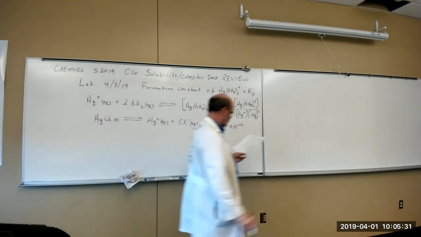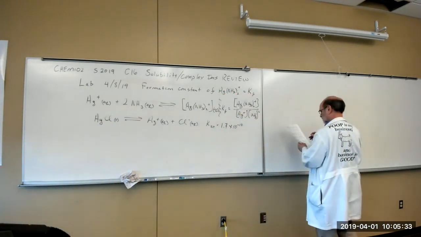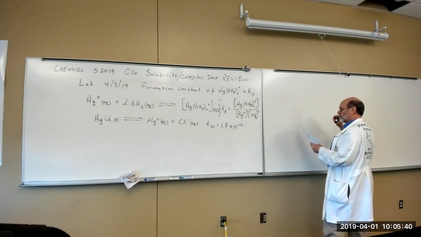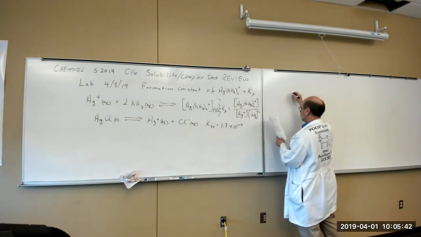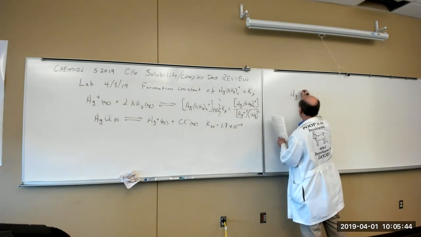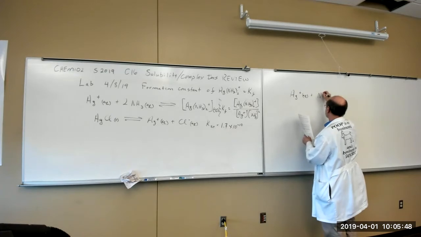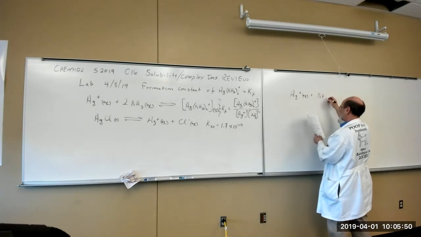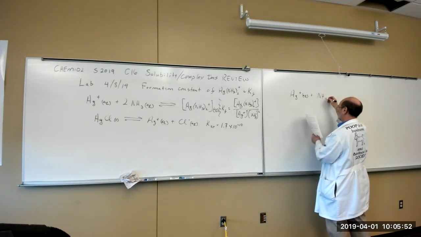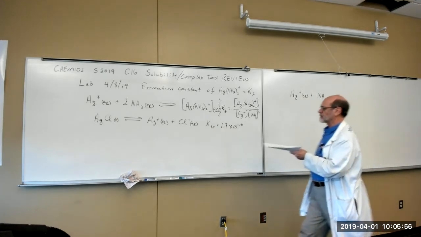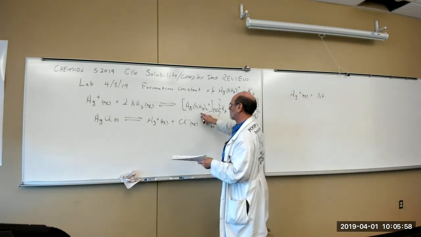So what's our target equation? Silver plus, so our target equation is silver here plus ammonia. Oh, wait a minute, we already got our target equation. Here's our target equation.